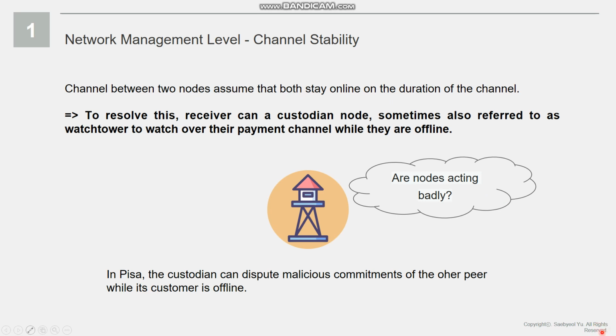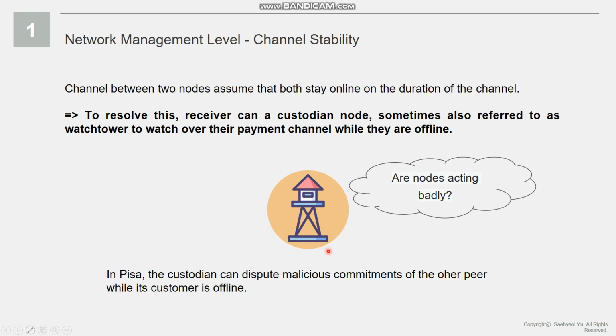And this is about channel stability. A channel between two nodes assumes that both stay online for the duration of the channel. To resolve this problem, the receiver can use a custodian node, sometimes also referred to as a watchtower, to watch over their payment channel while they are offline.